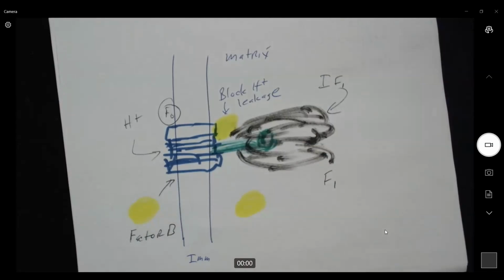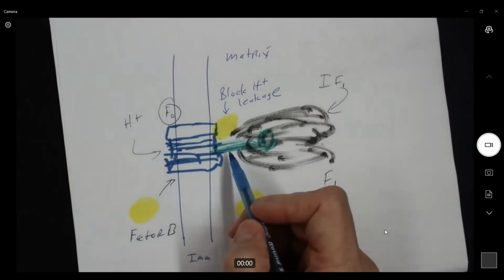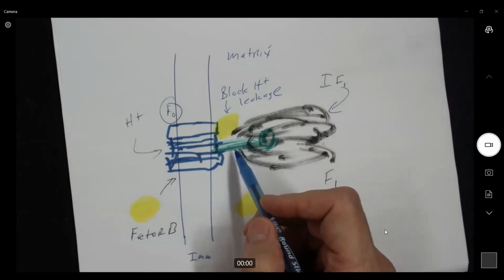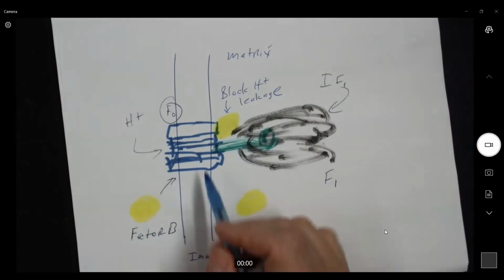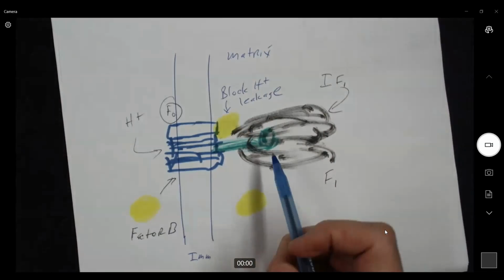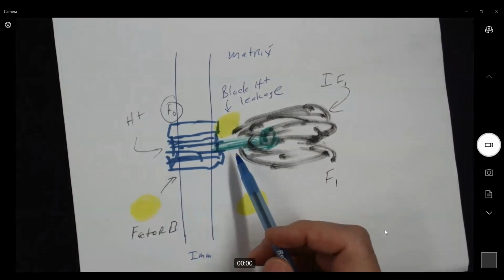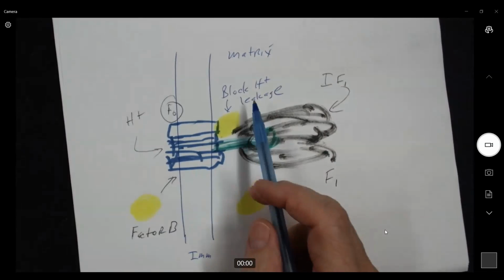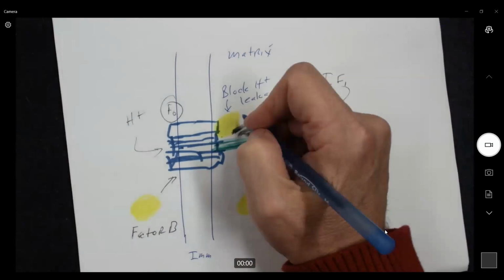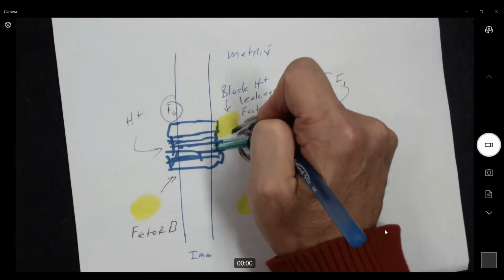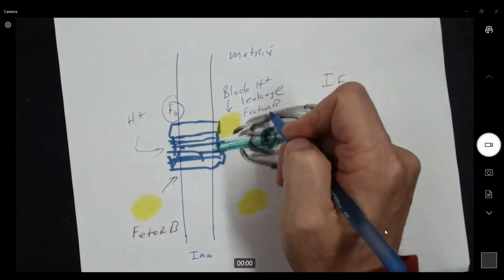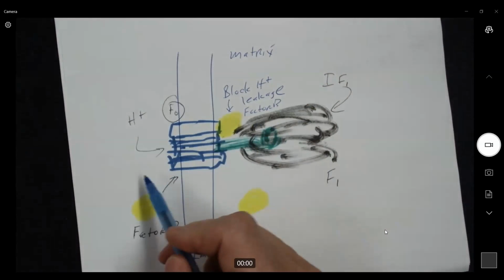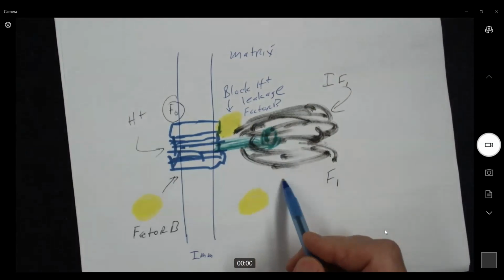Factor B prevents leakage of the hydrogen ions back into the matrix.